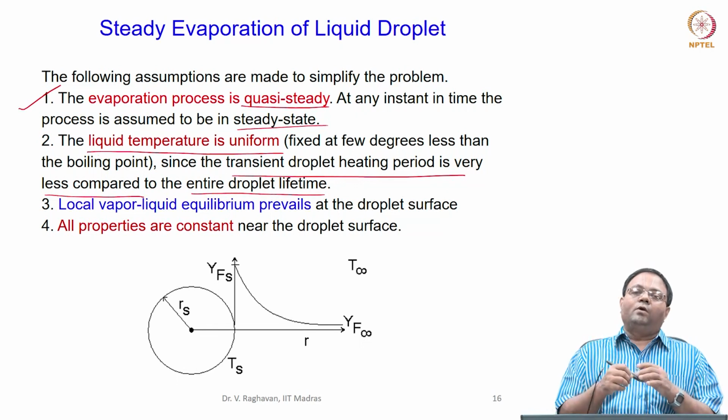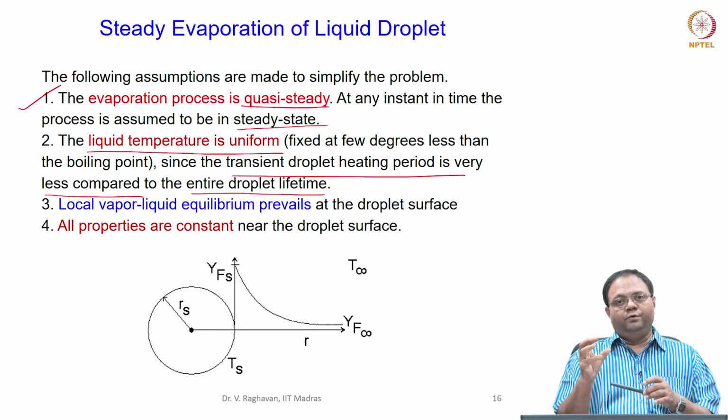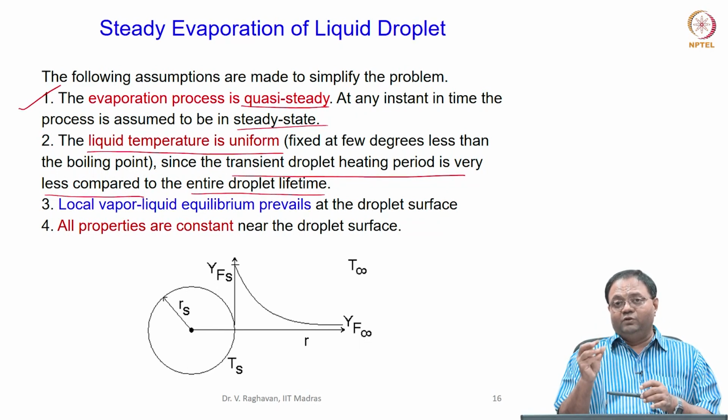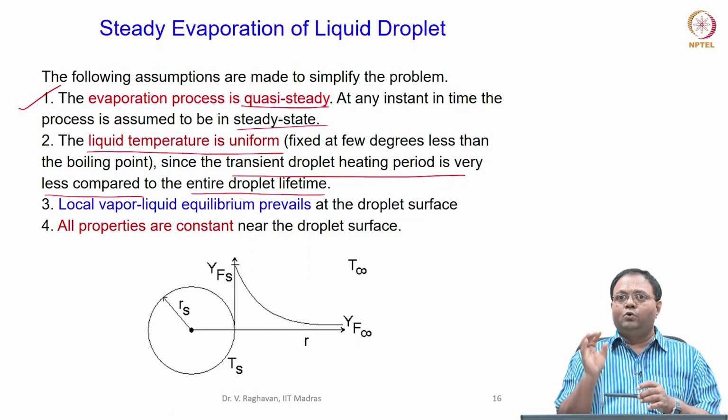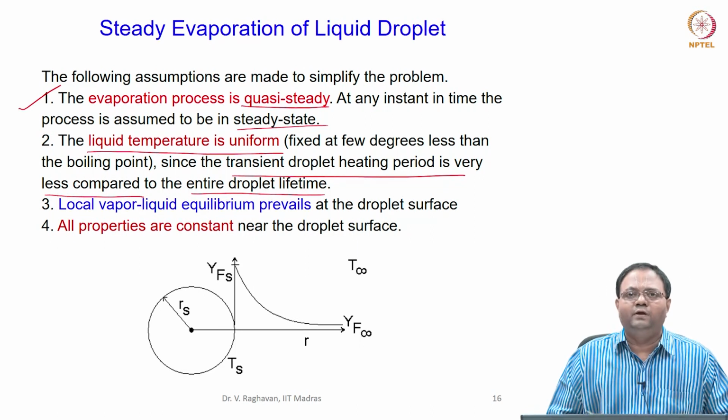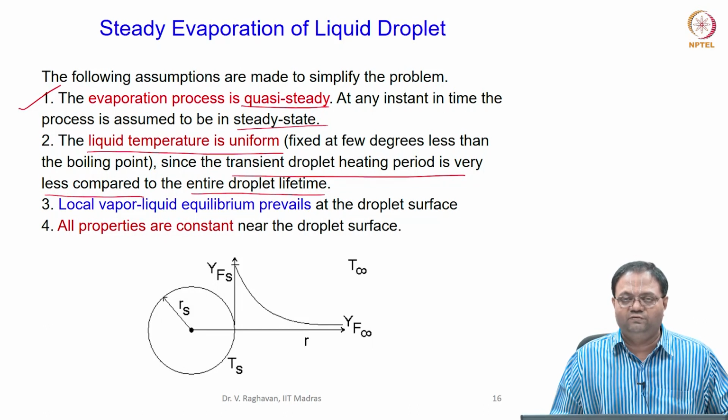So, let us take 1 mm droplet diameter initially. Then this 1 mm droplet diameter initially at 298 Kelvin, and the boiling point let it be say 371 as I told in the previous example.